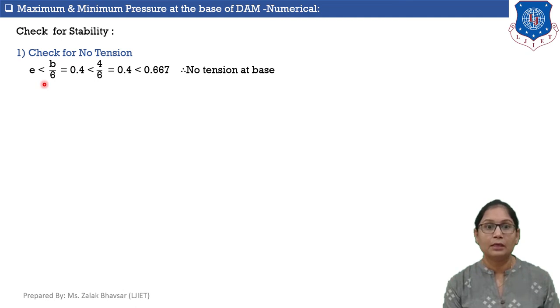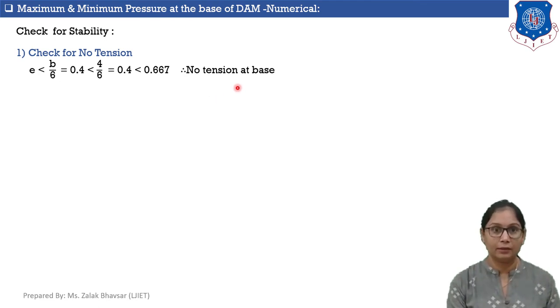Here the value of B is 4 meter and eccentricity is 0.4 meter. So I am getting 0.4 is less than 0.667. Here B by 6 is 0.667, and eccentricity as we calculated is 0.4 meter. So in the dam structure, there will be no tension at the base.